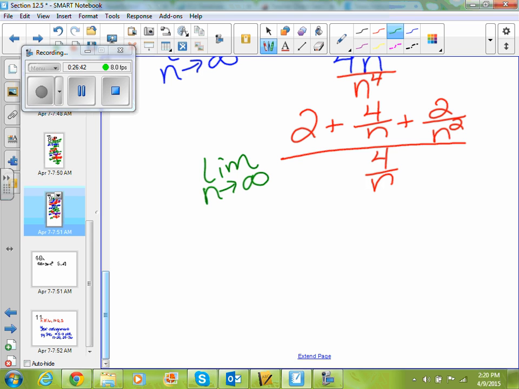And then I evaluate my limit, and I know it is n approaches infinity. Anything with n in the denominator cancels. So I'm left with 2.